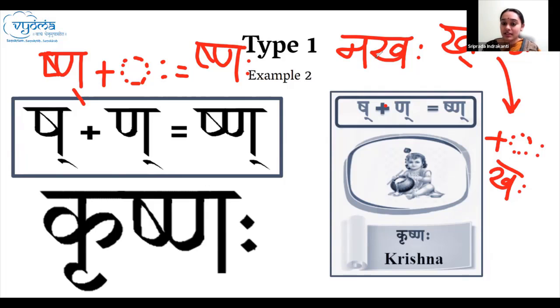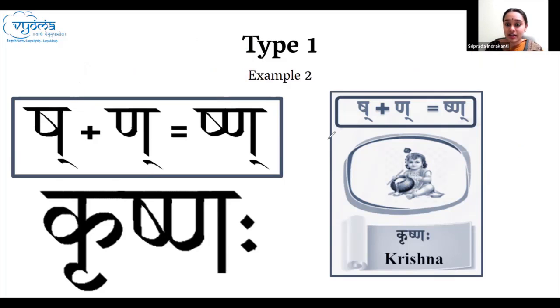K plus a is k, and then if you add this visarga, it becomes khaha. So it's not incorrect to say k and a is k. In this word, if you were to break down the word, you would have to say n plus a plus k plus a plus visarga. So that's how we would break down the word. I hope that is clear for those who asked the question last class.